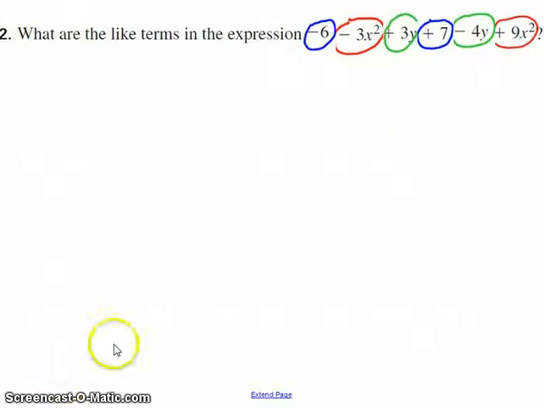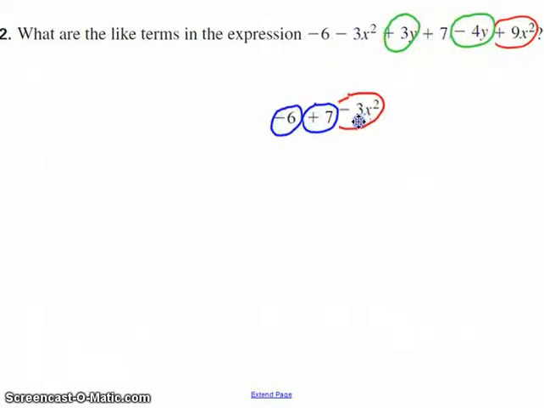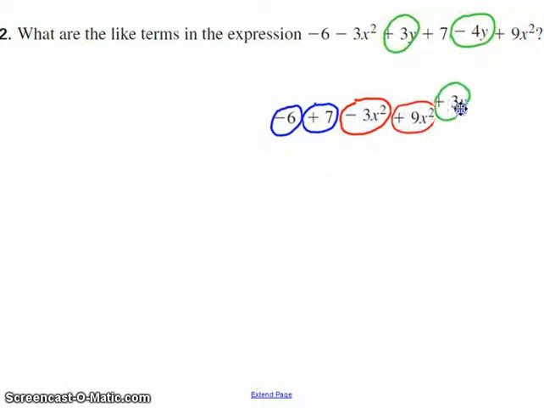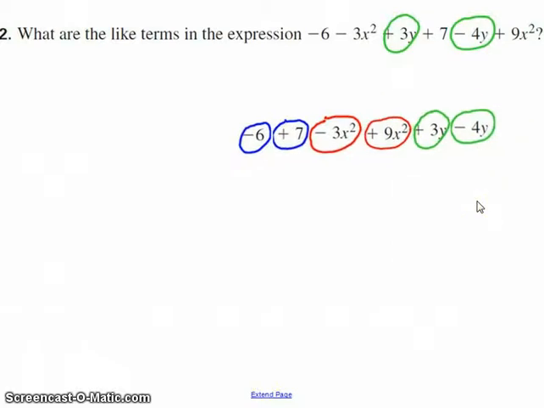But the point that I was going to make is that if you want to go another step beyond that, you can pull these next to each other. You can put the constants next to each other, the x squared terms next to each other, and the y terms next to each other. If you do that, then the next step is that you can combine the constants and you would have gotten 1.